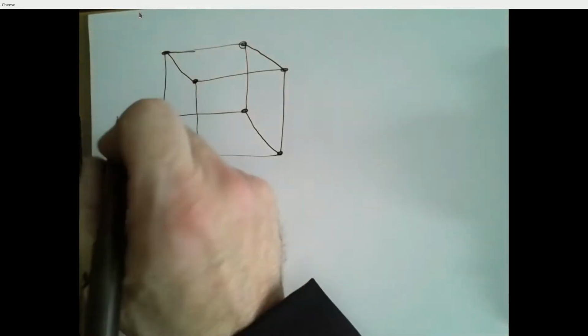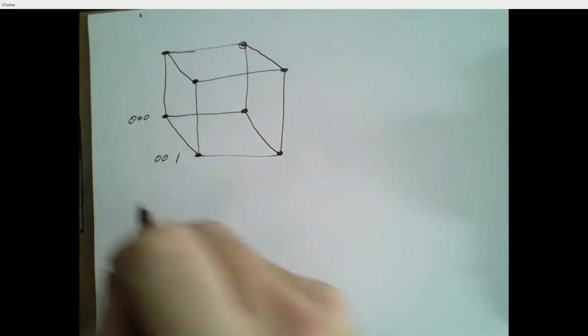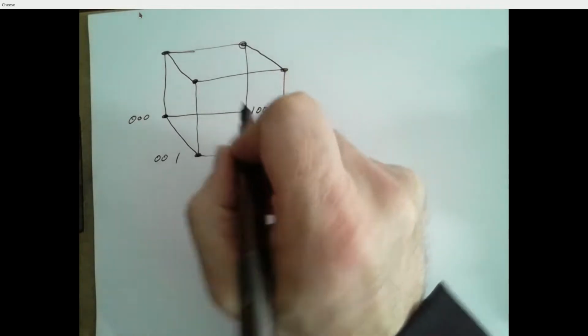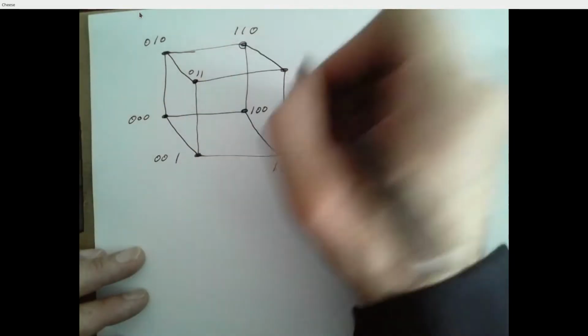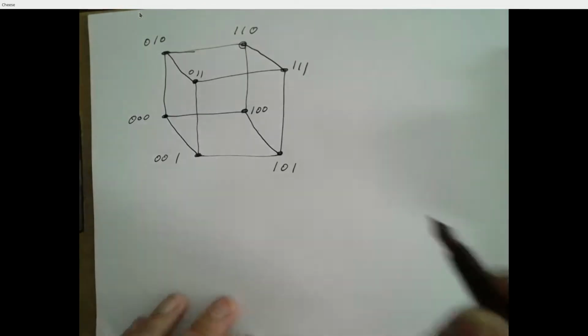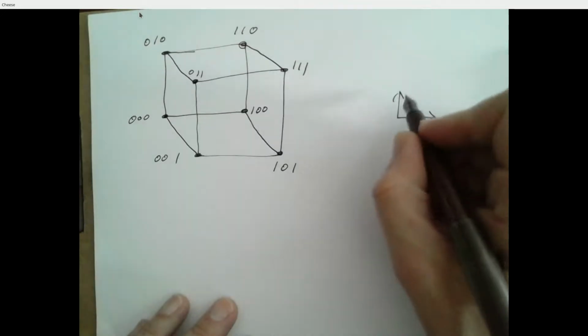And I'm going to label these vertices as follows. I'm labeling with these funny binary codes. And I'm really just using these binary numbers as x, y, z coordinates.